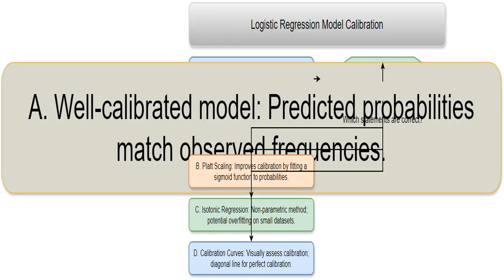Flat scaling is a technique that takes the model's initial probability predictions and tweaks them using a sigmoid function, a curve that transforms numbers into probabilities, between 0 and 1. This adjustment aims to improve the reliability of the probabilities. Think of it as fine-tuning the model's predictions to better match the real-world frequencies.